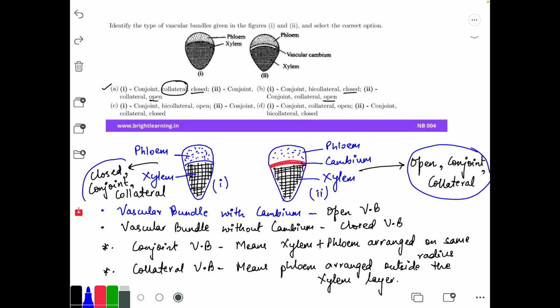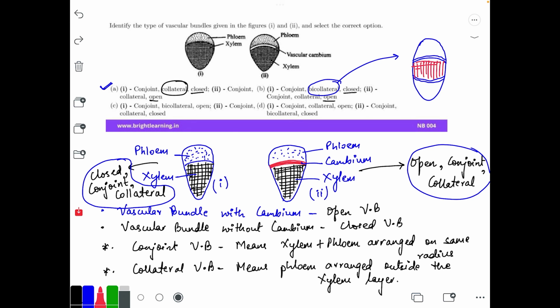You can find there is a term called bicollateral. All other options have the same words, but there is another term, bicollateral. Bicollateral means a vascular bundle in which the phloem is arranged in two layers, with the xylem in between, on the upper side as well as the lower side.